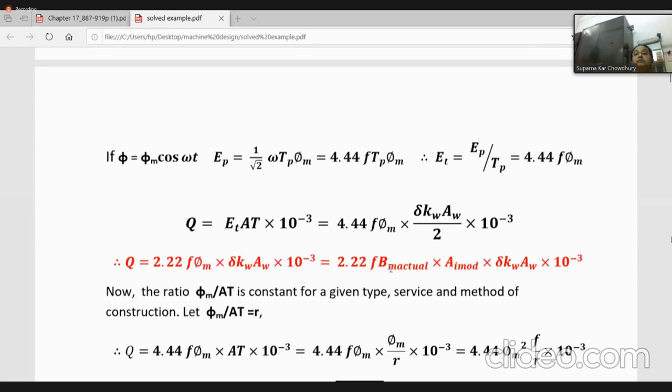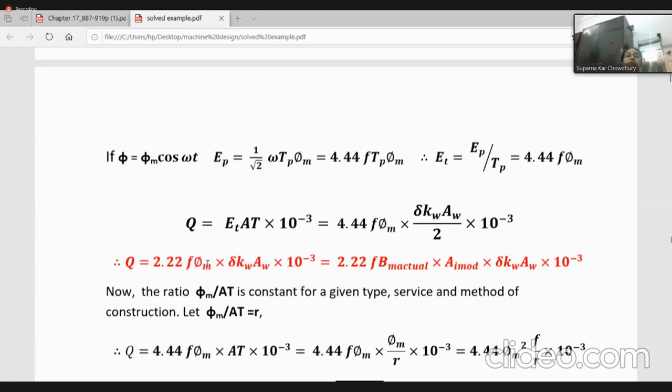So now this design, if we consider this equation, varies with phi m and AT. This is AT, the electrical loading, and phi m is the magnetic loading.